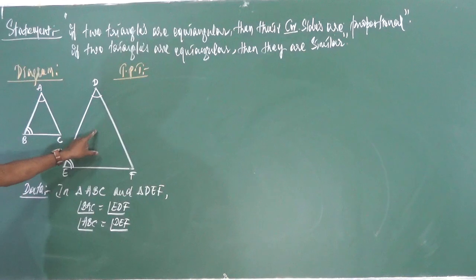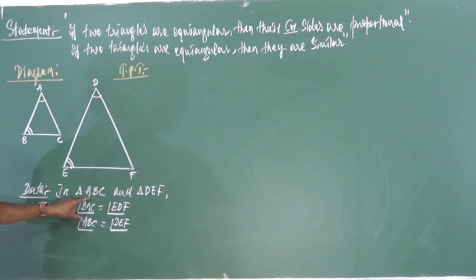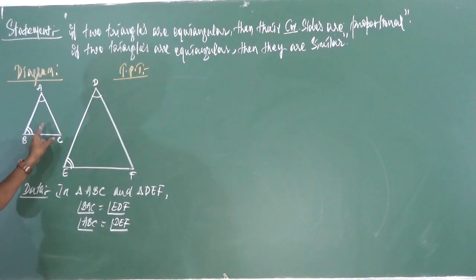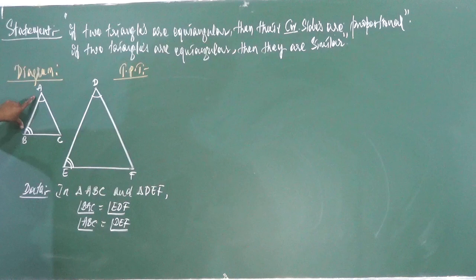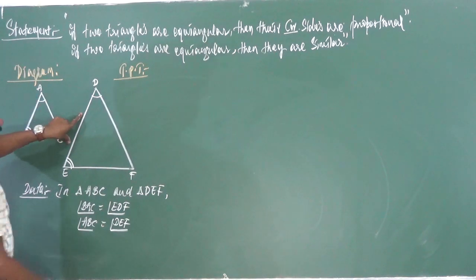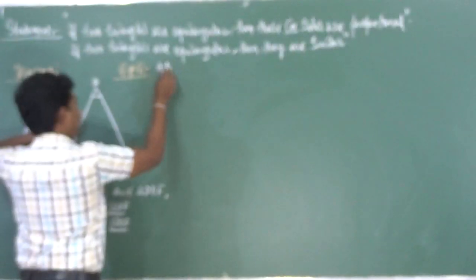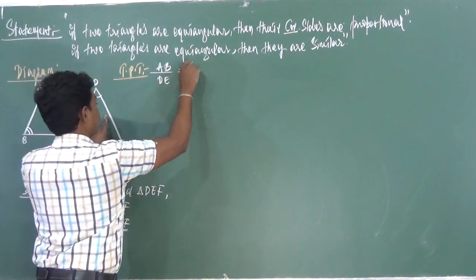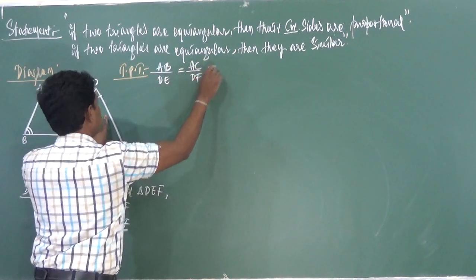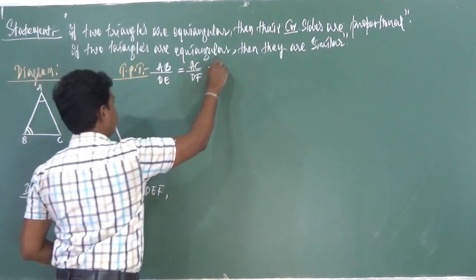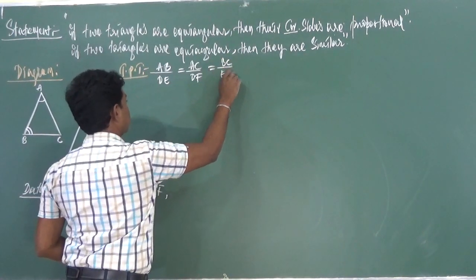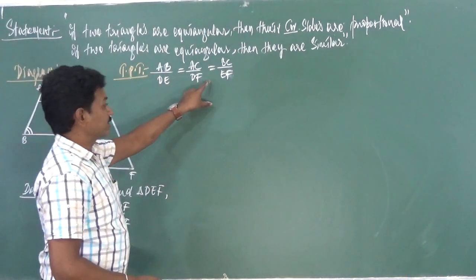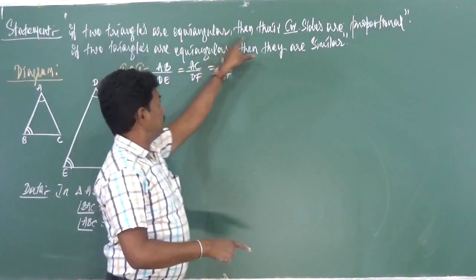Go from first triangle to second triangle, because you have taken the name of the first triangle first and the second triangle second. So you have to prove that AB by DE is equal to AC by DF, which is equal to BC by EF. This is what you have to write when this statement is asked in the examination.